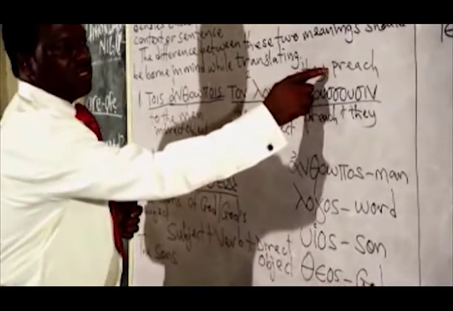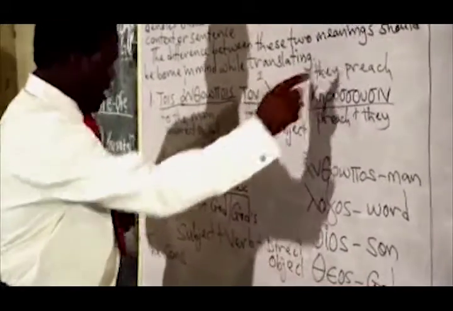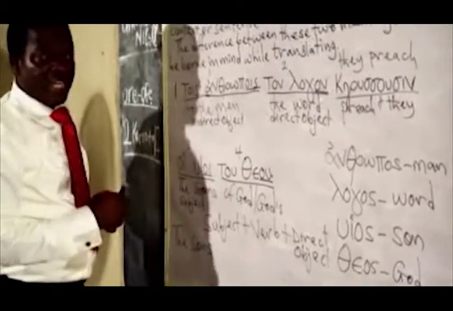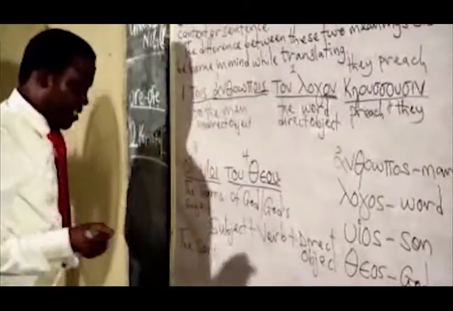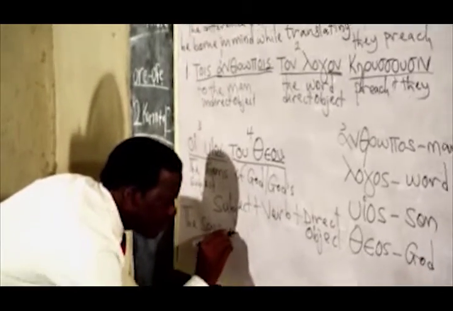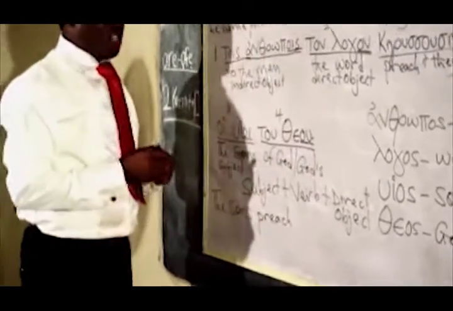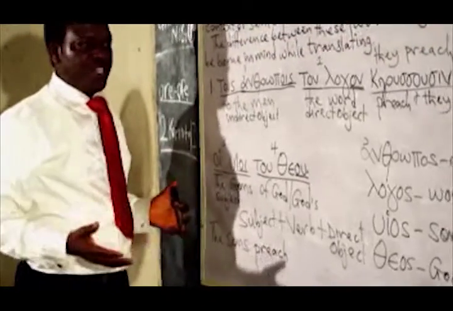Now, this means they preach. This they is referring now to the sons, so we're not going to put they any longer. The sons preach. The sons preach. What do they preach?